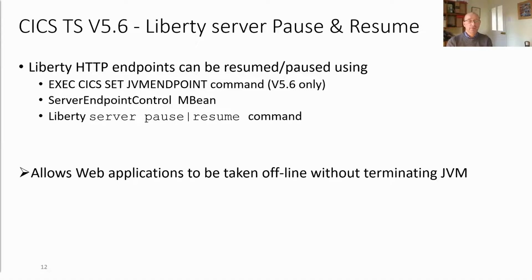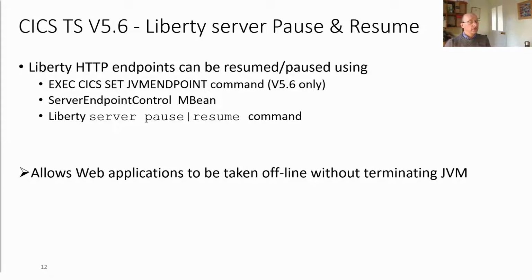This pausing can be driven by the Liberty server script, which is a USS management script. It can be driven by an mbean. An mbean is a Java bean. It can be driven programmatically by Java code, and it can also be driven by a new CICS SPI, which drives the mbean. So EXEC CICS SET JVMENDPOINT is a new CICS SPI in 5.6.